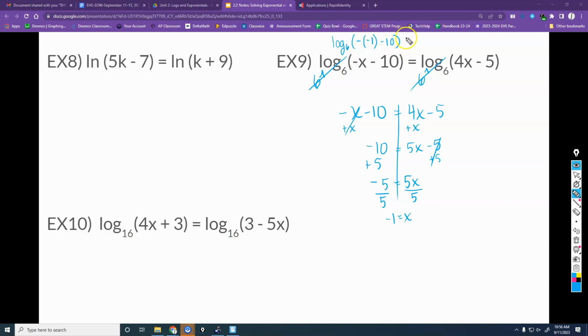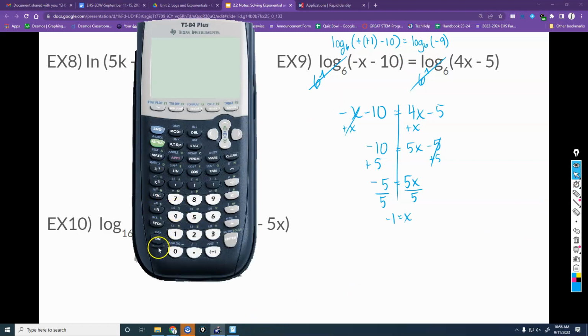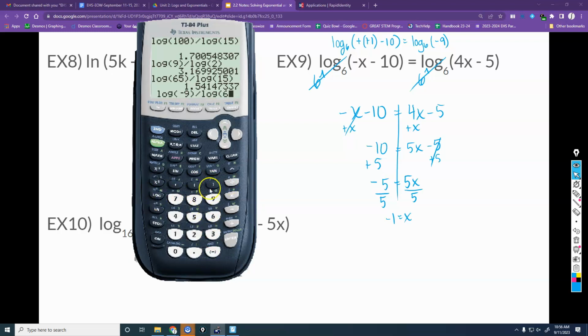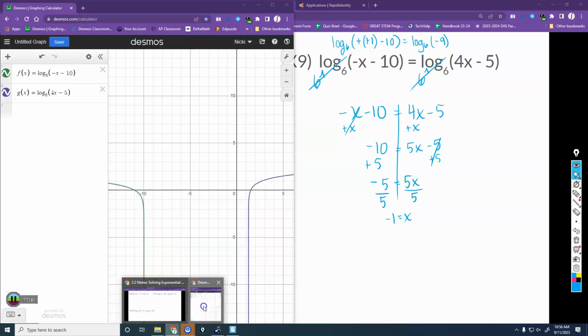That negative would become a positive, but I'd still have 1 minus 10, which would give me negative 9. If I try to do in my calculator log of negative 9 divided by log of 6, it gives me an error. If I try it in Desmos, it's going to do the same thing.